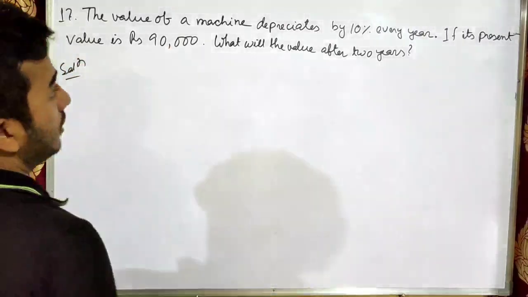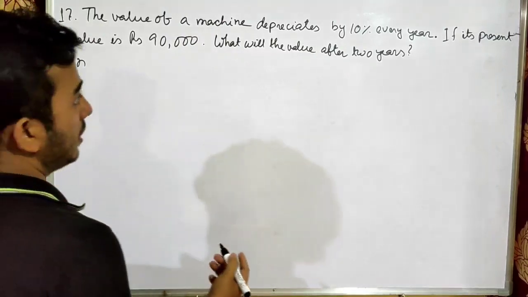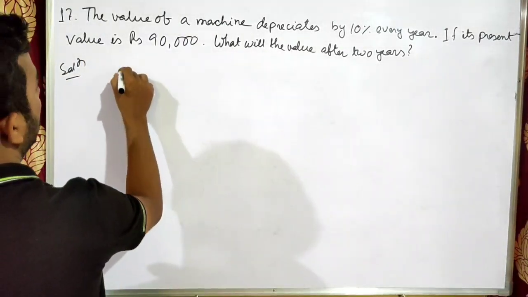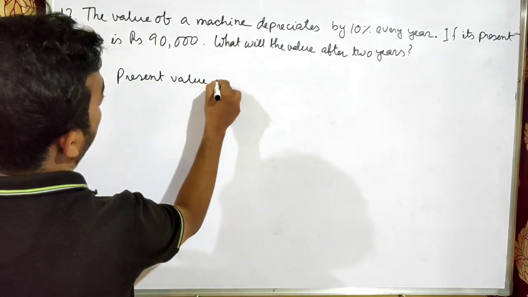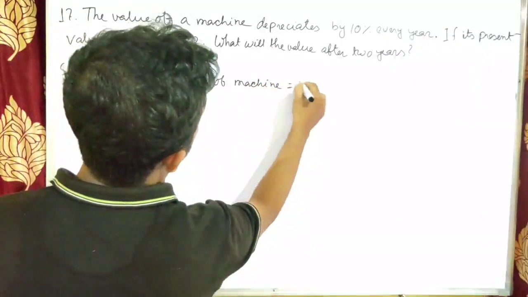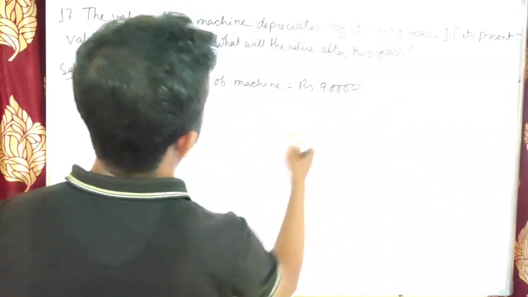So in the solution, let's write: present value of machine equals rupees 90,000.